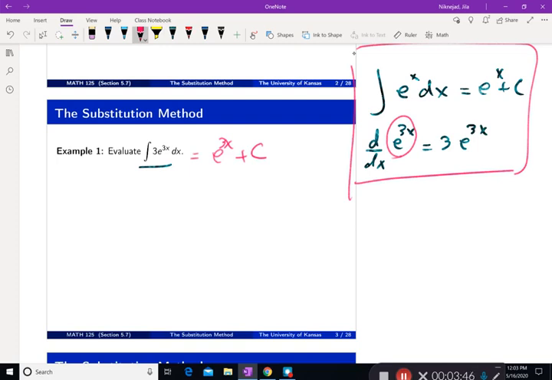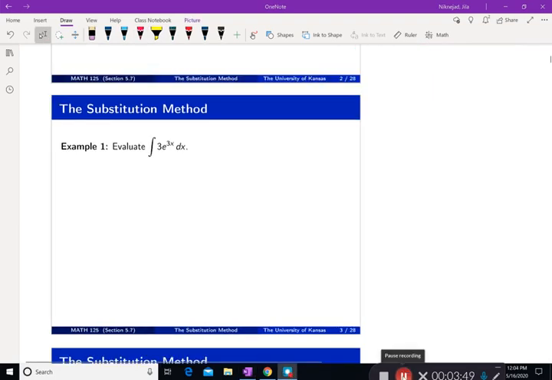So let's do this with the substitution method. Where do we start? Again, we figured out how we can guess the antiderivative. Now we want to figure out how to systematically solve this antiderivative.